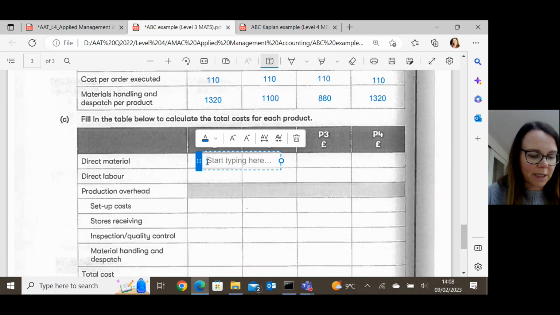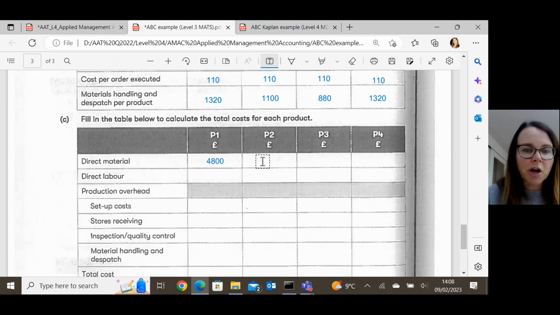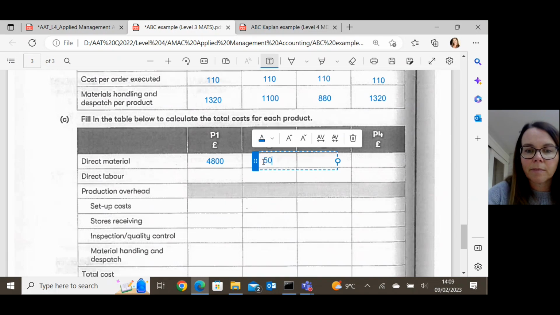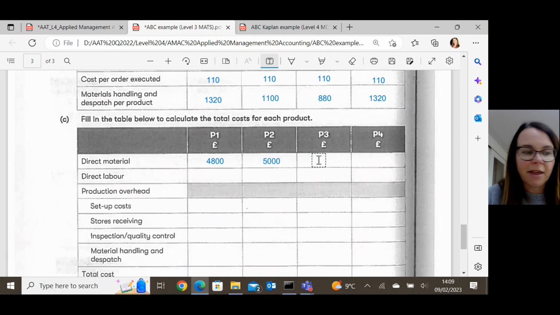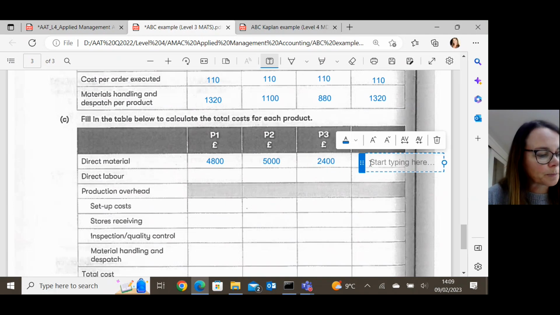So this is just going to be 40 times that 120, which is 4,800. For P2, you can look back at the original table, so that'll be 50 times 100. For P3, it's going to be 80 times 30. And for P4, it's going to be 120 times 60.